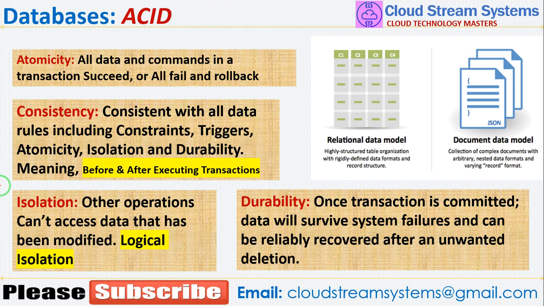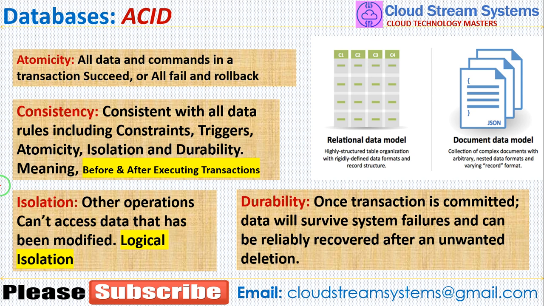So databases were designed by considering these four consistency models. So that is nothing but ACID consistency. Atomicity meaning success or failure, not partial. Consistency, so before and after executing the transaction should be maintaining a consistent state.